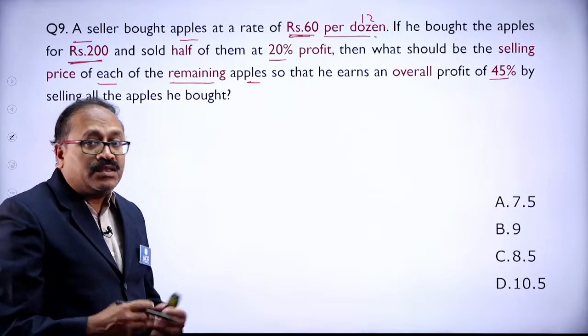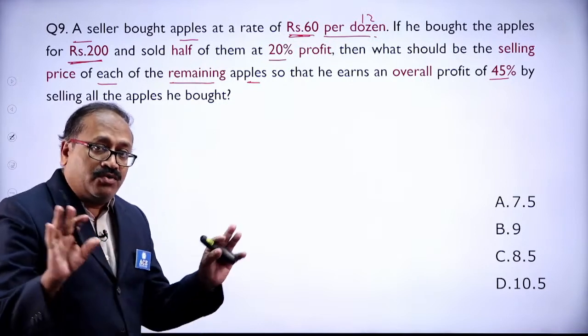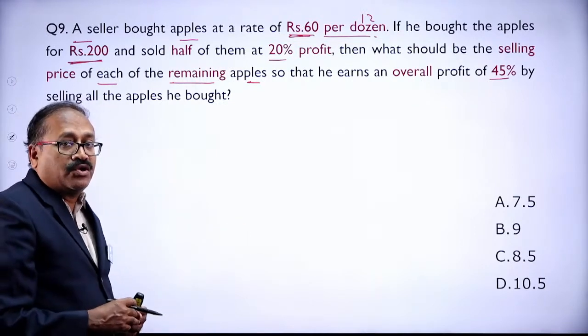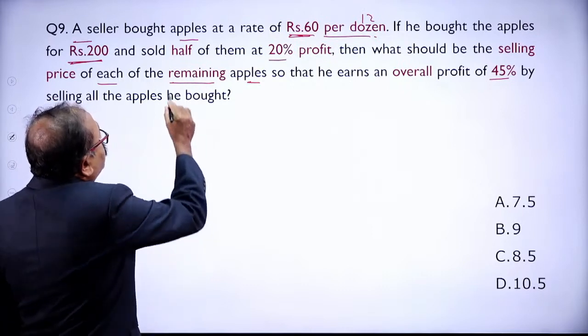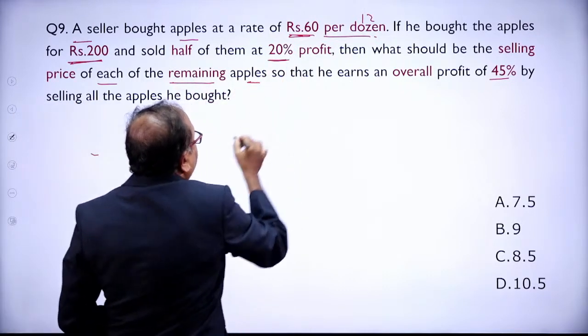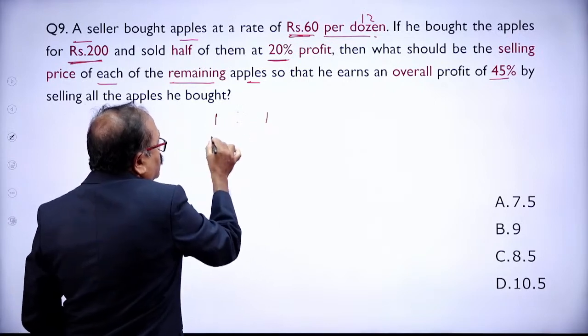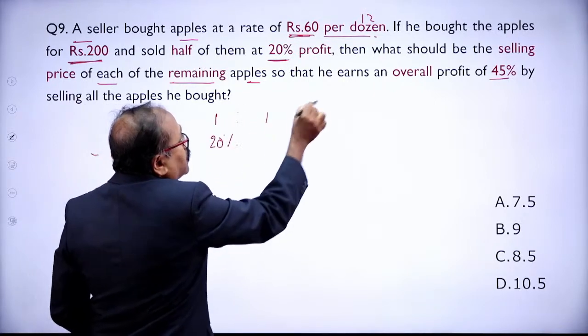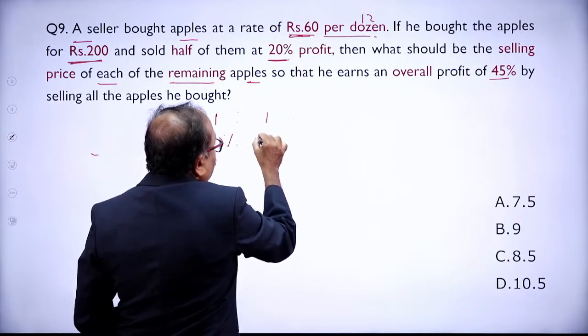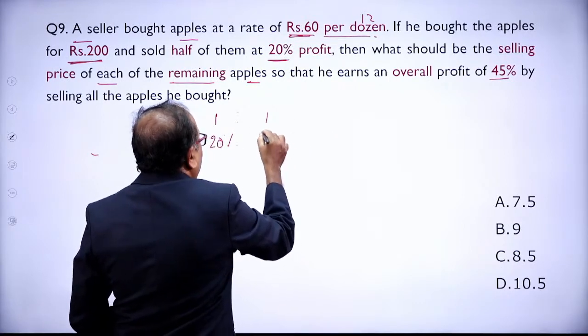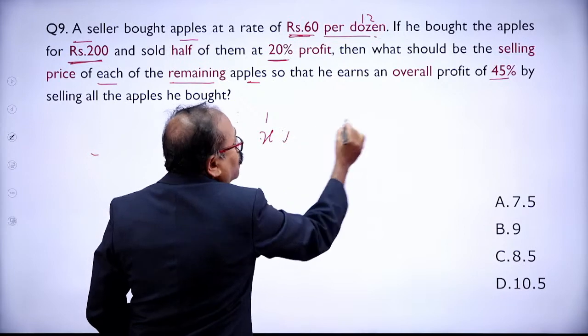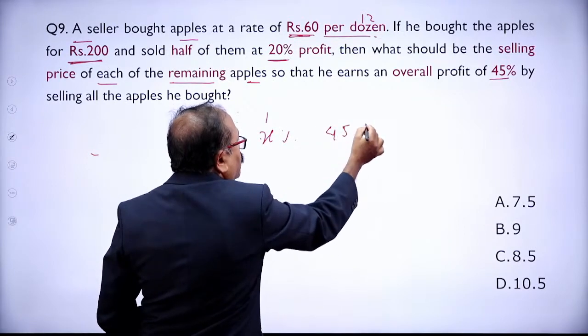No. In this case, the method we will follow, we will not find out how many apples he bought. We know that half of the apples are sold at 20% profit. So half means 1:1. Here it is 20% profit, and for the remaining, let's assume x percent profit.